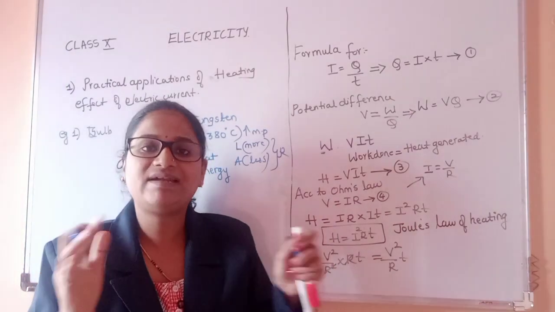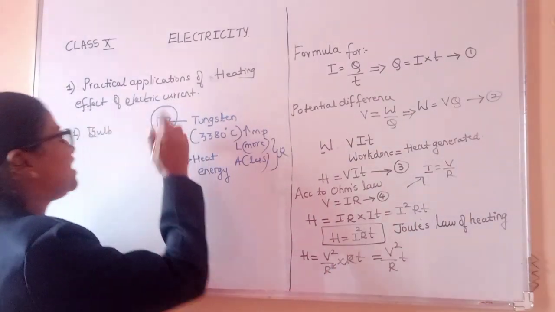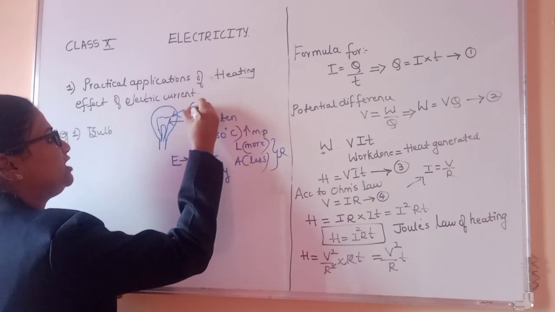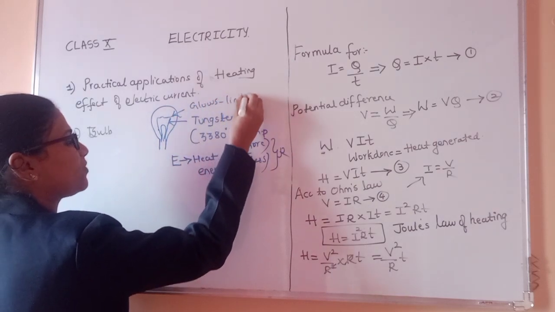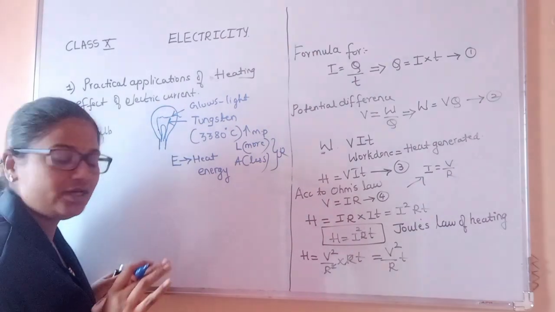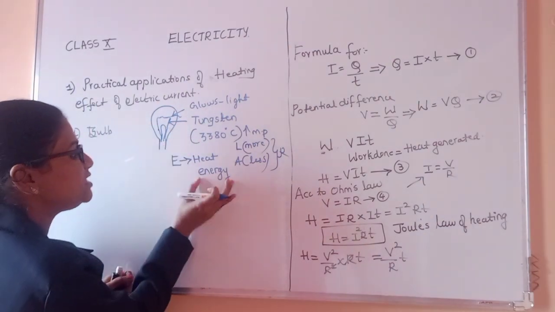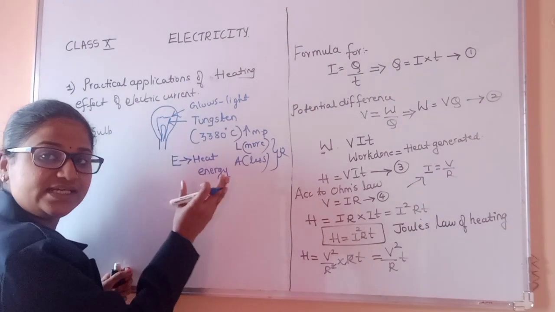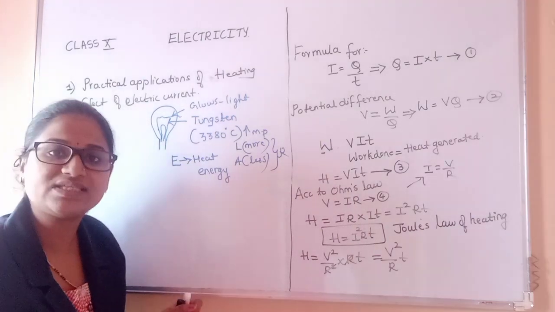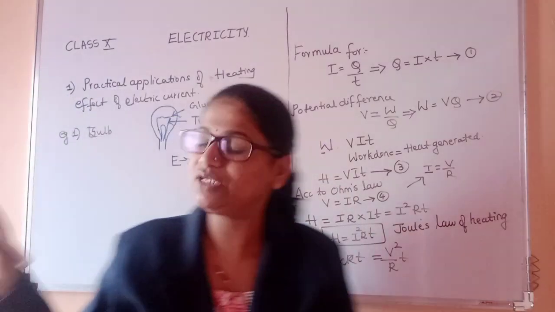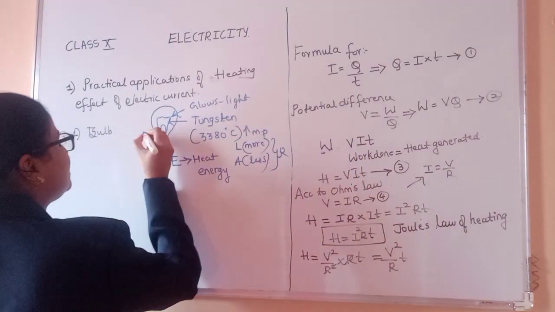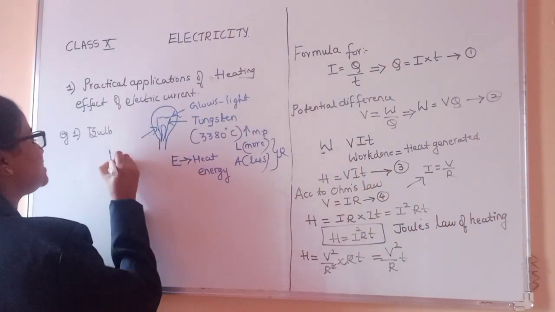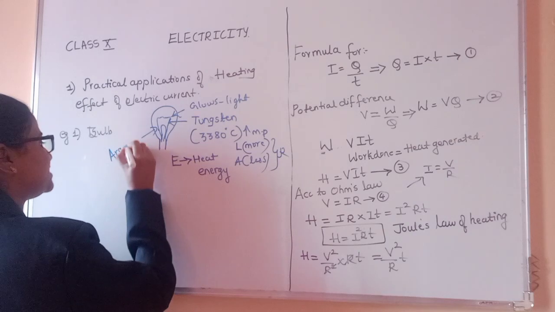Due to that heat, the filament glows and gives out light. You can ask whether this heat energy, as it is produced in an enormous amount, will not affect the glass. No, it will not, because inside the glass it is filled with argon gas.